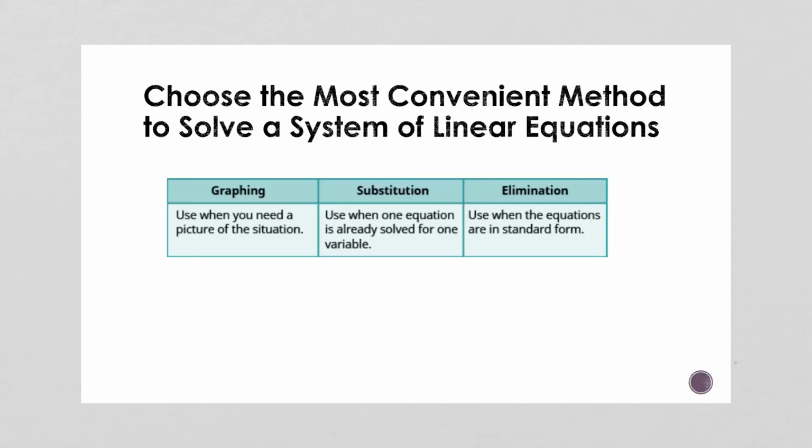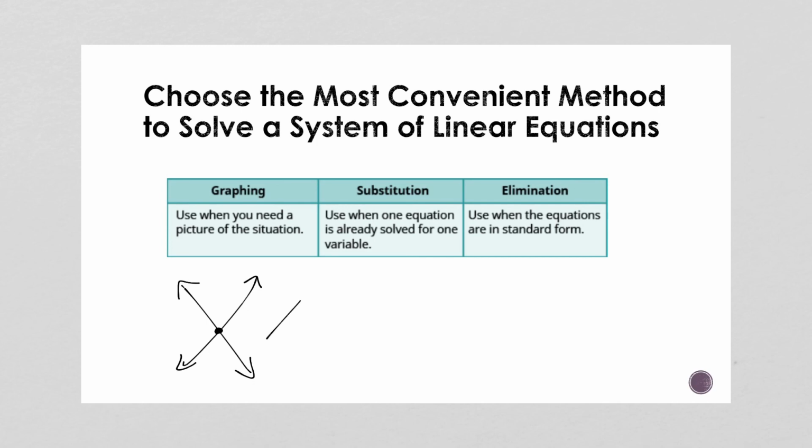All right, so you now have learned 3 different methods for solving a system, okay? You learned about graphing, and you saw that on the graph, the point of intersection was where your solution was, right? So you had 2 lines that crossed each other. This right here was the solution, right?